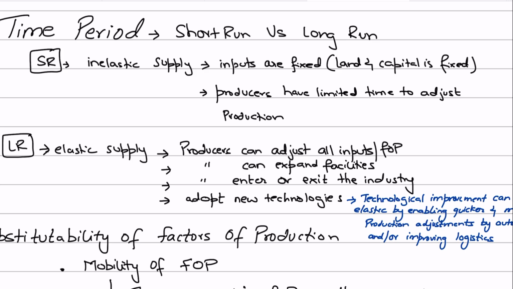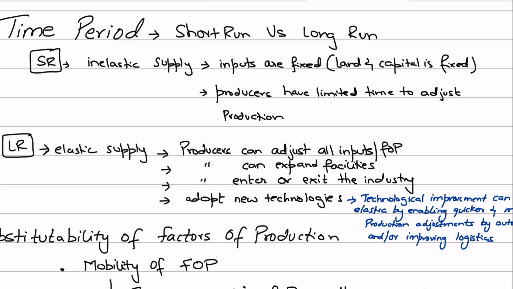So producers are not really able to increase production to the extent that they could have had there been more land and capital available, and that's what makes supply inelastic, right? This is what you are supposed to write, and this is exactly how you are supposed to write.